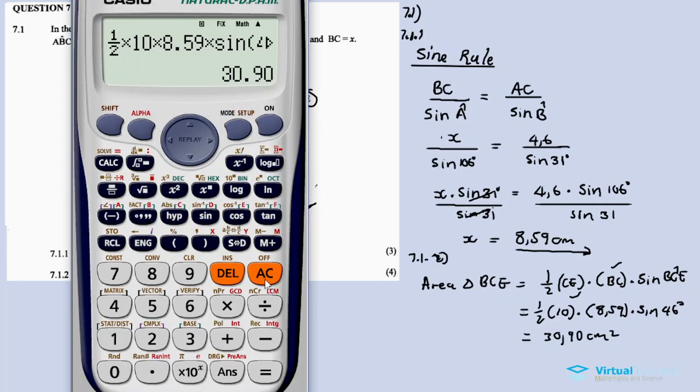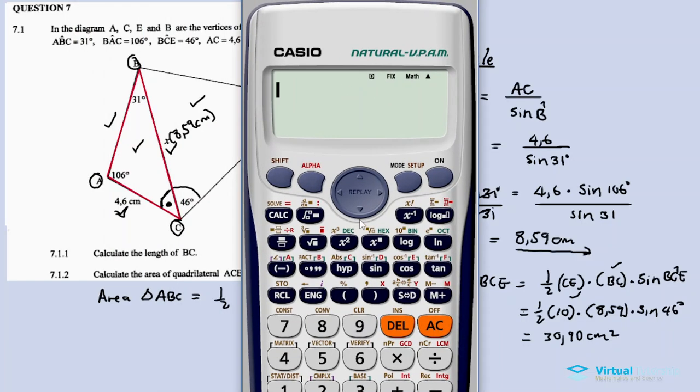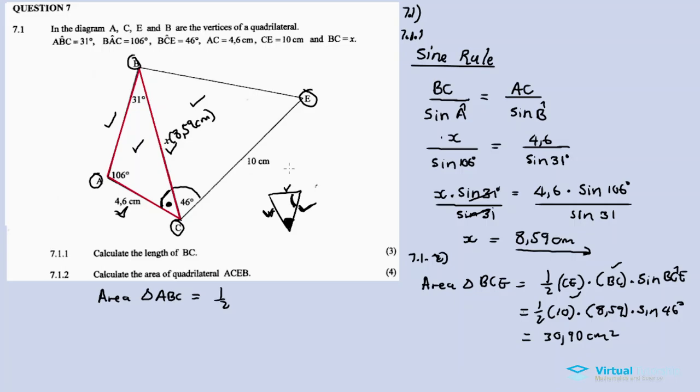Since this is a triangle, we know the angles add up to 180, so 180 minus 106 minus 31 degrees is equal to 43 degrees. Angle ACB is equal to 43 degrees.